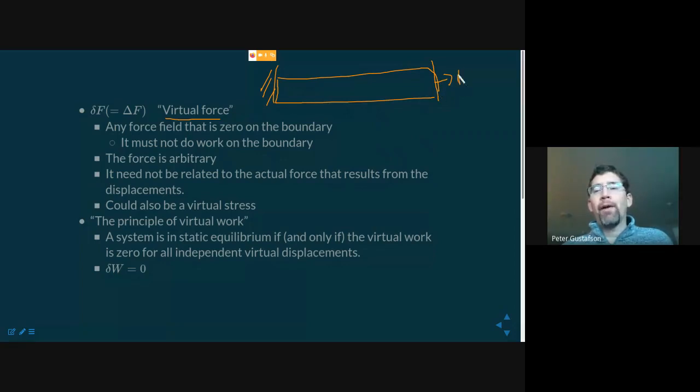So if I apply a force here called P, and I imagine a delta force here, it's got to be equal to 0 in order to not violate the boundary condition. But somewhere internal, I can imagine that I've got an additional increment of force present.